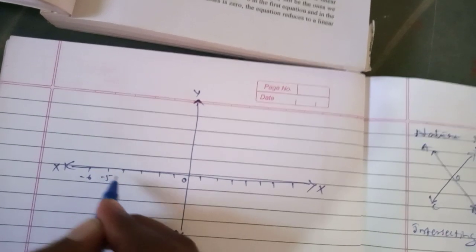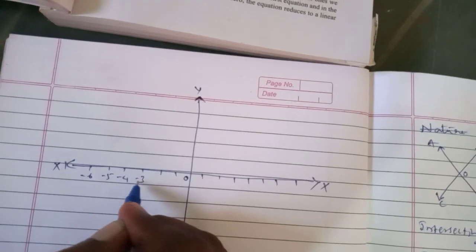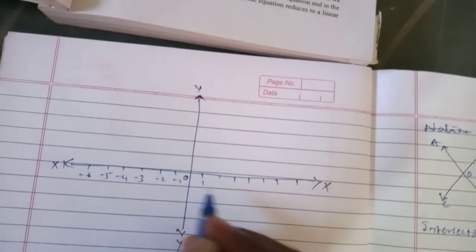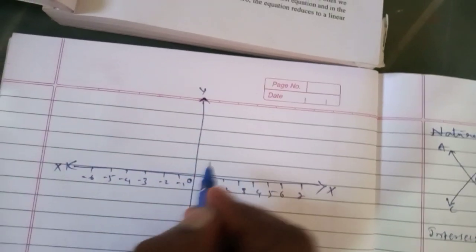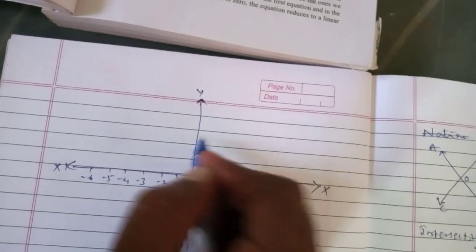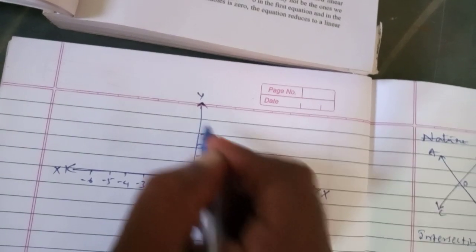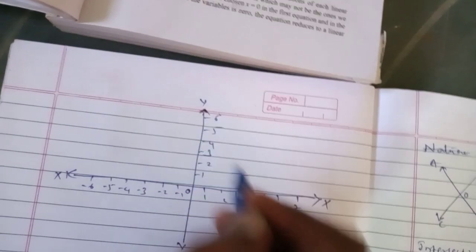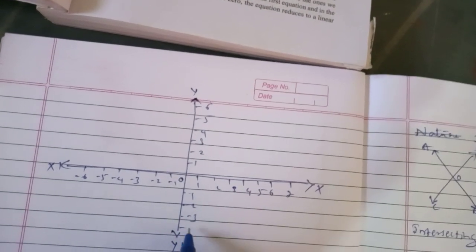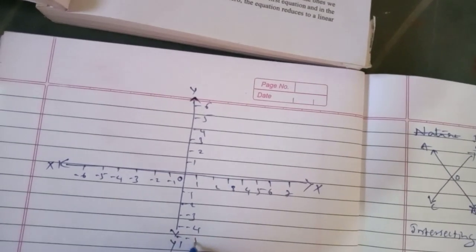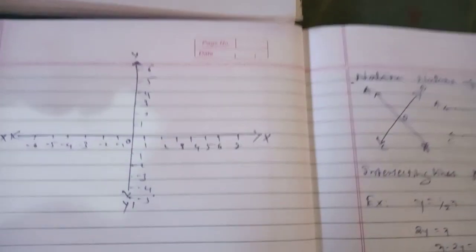Minus 6, minus 5, minus 4, minus 3, minus 2, minus 1, and so on. Okay, this is our graphical structure, right?